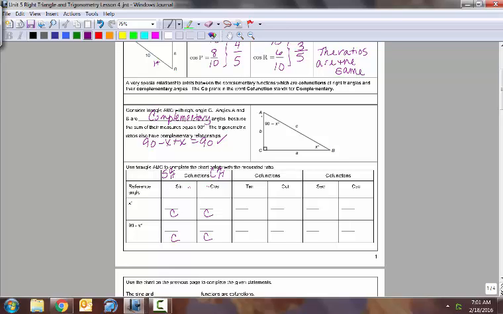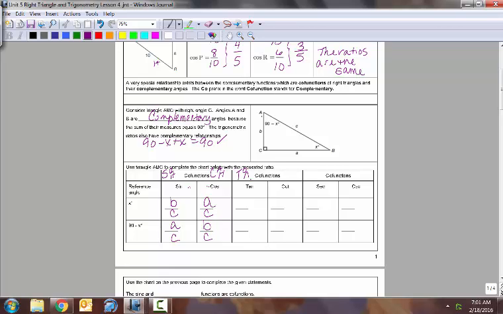Now I concentrate: find my reference angle and get the side opposite. Find my reference angle, get the side adjacent. Find my reference angle, get the side opposite. Find my reference angle, get the side adjacent.